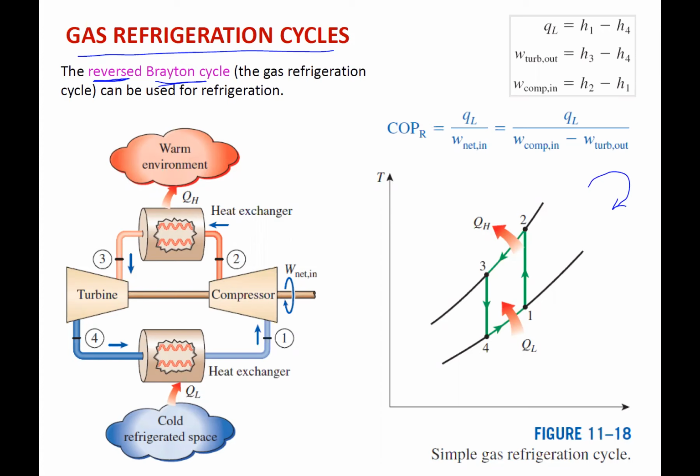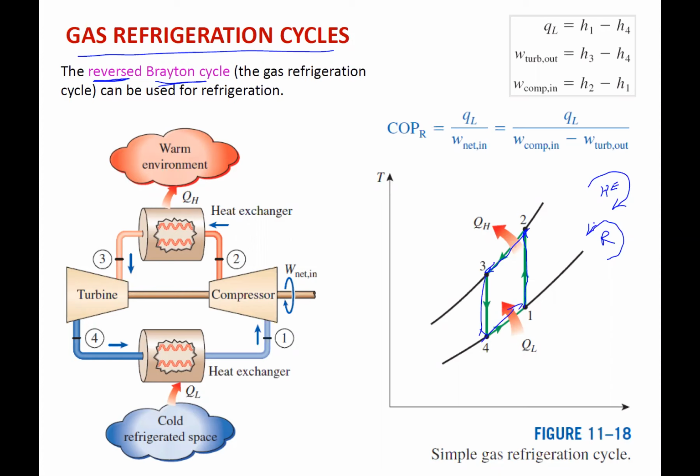So that gives you a heat engine, whereas a refrigerator, because it has a net work in, goes counterclockwise. So that gives us 1 to 2, 2 to 3, 3 to 4, 4 to 1.